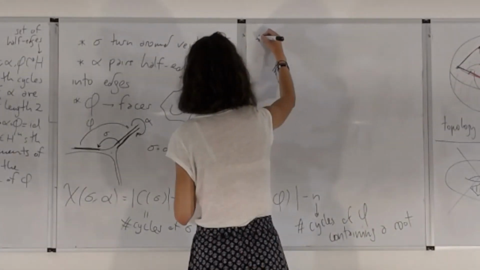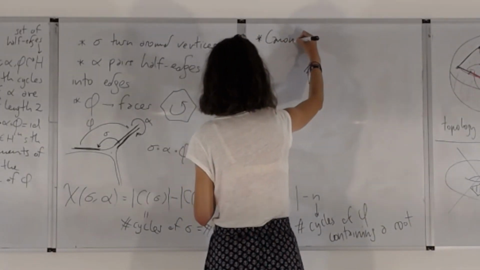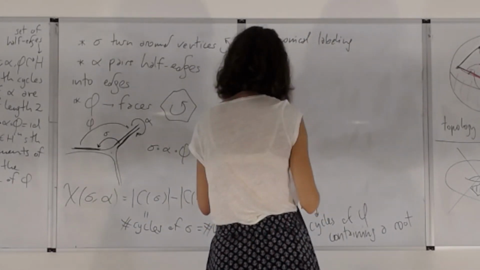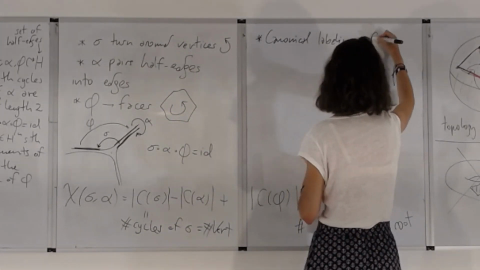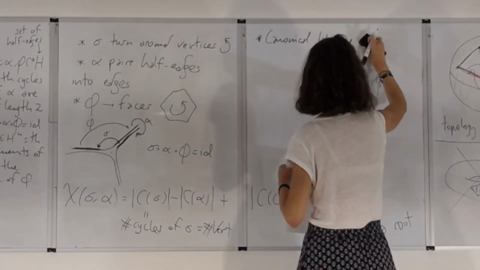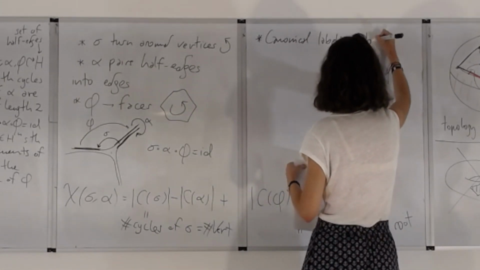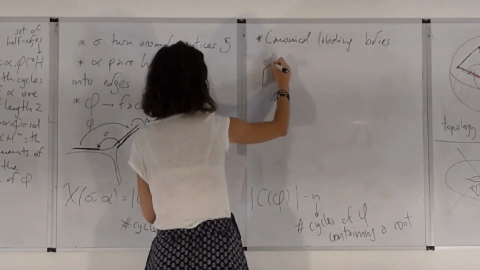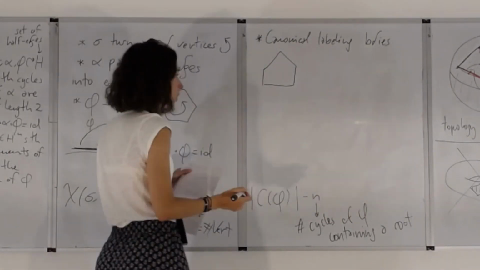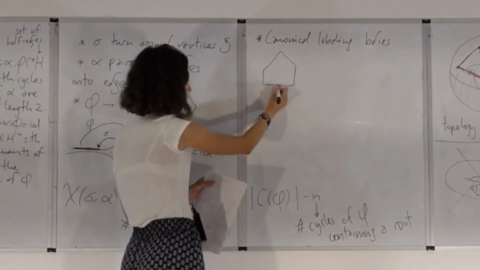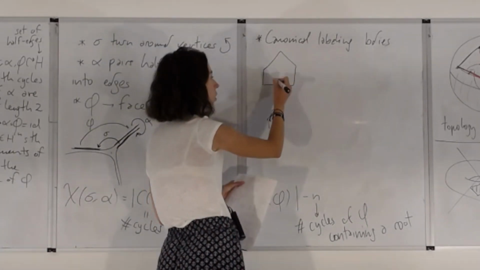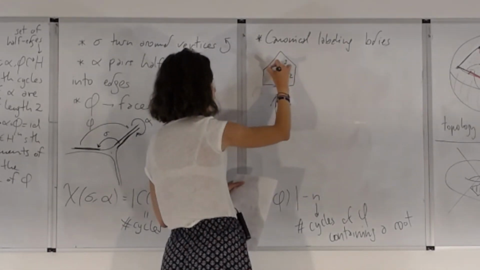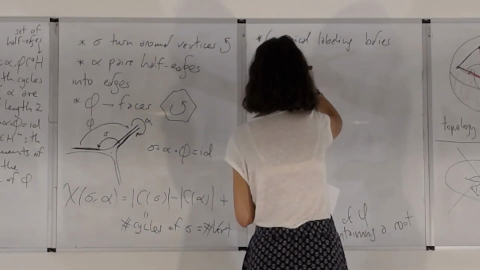So first of all, observe that there is a canonical way of labeling boundaries. Imagine that you have your polygon that is your first boundary, and it's rooted here. There's a canonical way of labeling because you just start from this one and you go around it counterclockwise. Then this is boundary 1.